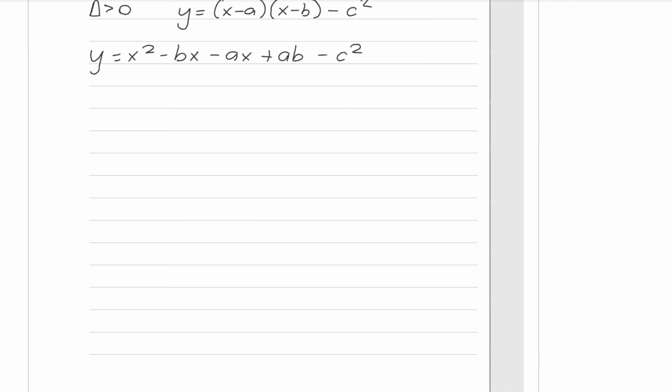I can now look at the common factors, so y equals x squared minus (a plus b)x plus ab minus c squared. Now, this is my a, this is my b, and this is my c.